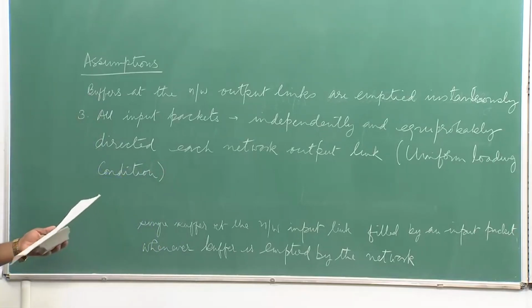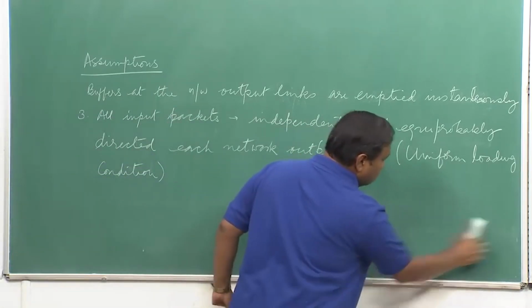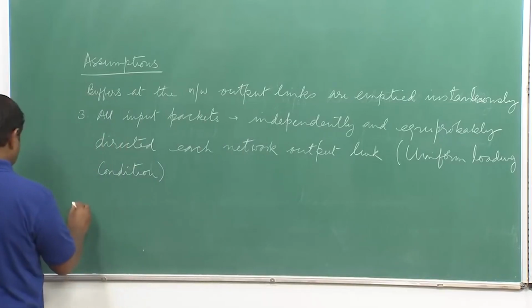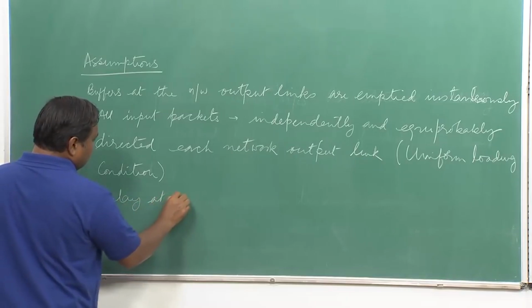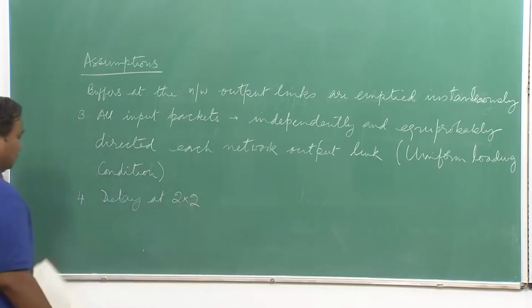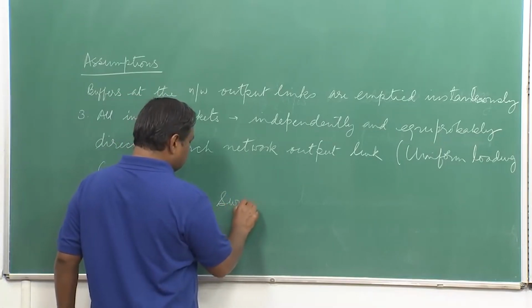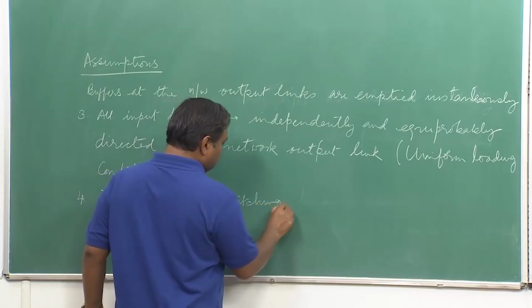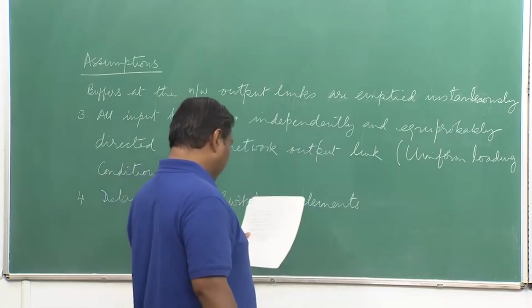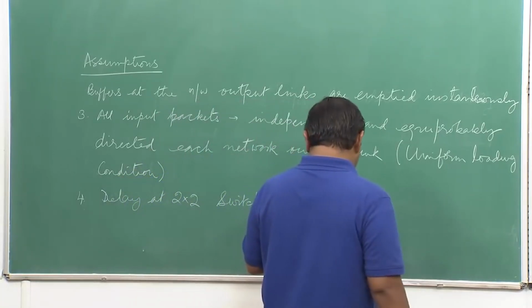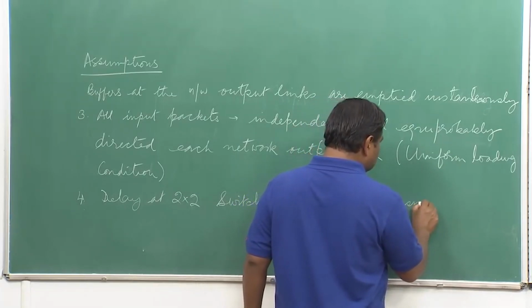Okay. So, the fourth assumption which we are going to make for this analysis model is that the delay at every 2 by 2 switching element, we are taking 2 by 2 crossbars, consists of 2 time intervals.